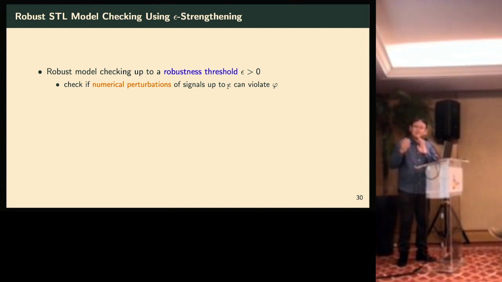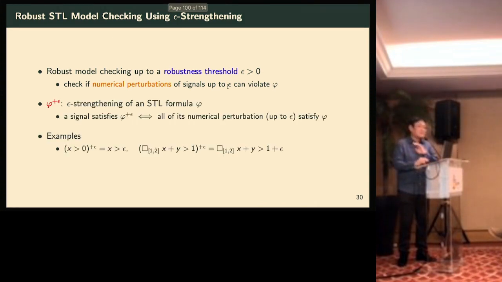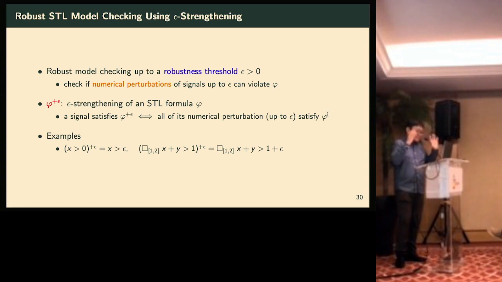That can be done very easily because for first order logic theory, it's possible to do numerical strengthening or numerical weakening of a formula, and similarly you can easily define numerical strengthening and weakening of an STL formula. That means a signal satisfies the strengthening if all of its numerical perturbations up to this threshold satisfy it. So this is just an extra layer.